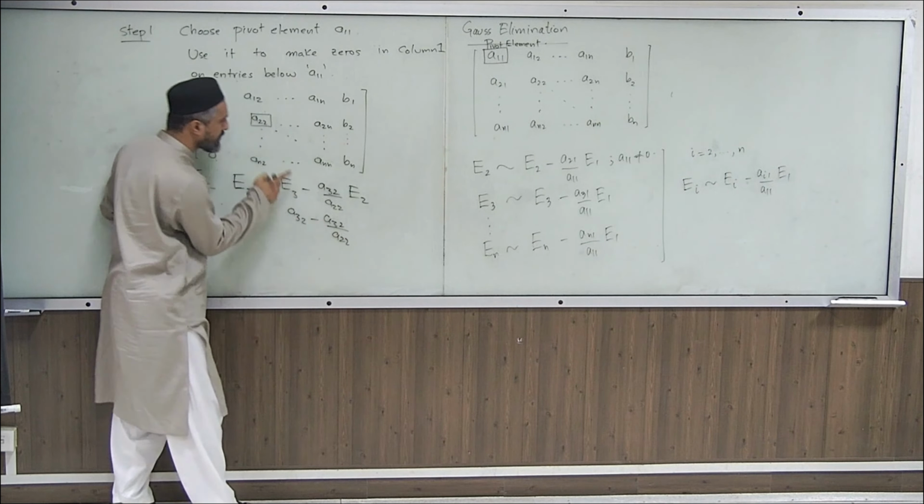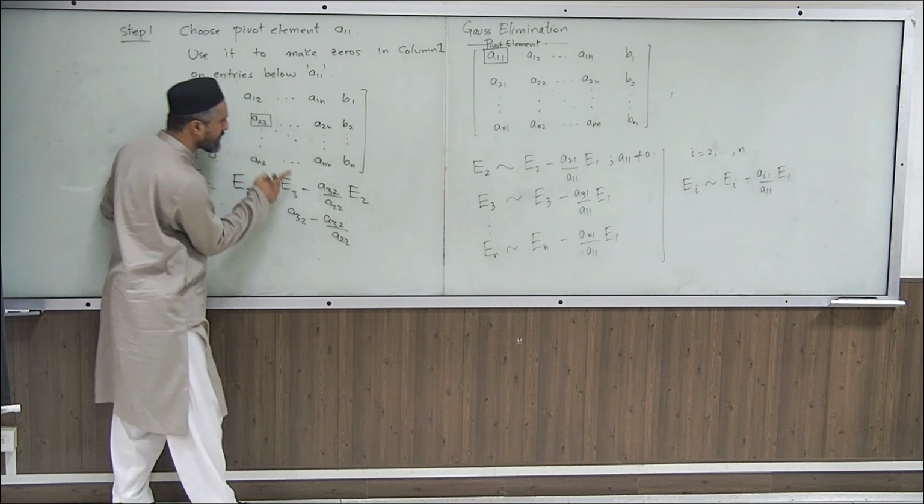What about the fourth equation? It is E4 minus A42/A22 E2. You see a pattern? Same as before, but now index 2 is being fixed; initially index 1 was fixed because A11 was the pivot element.